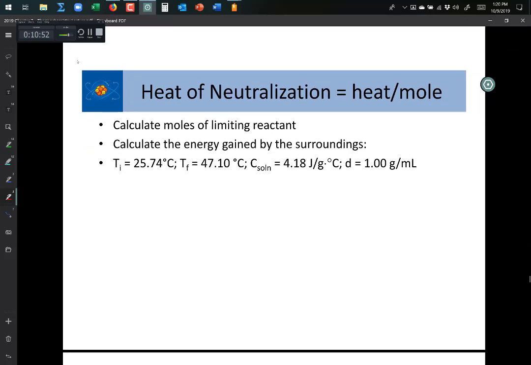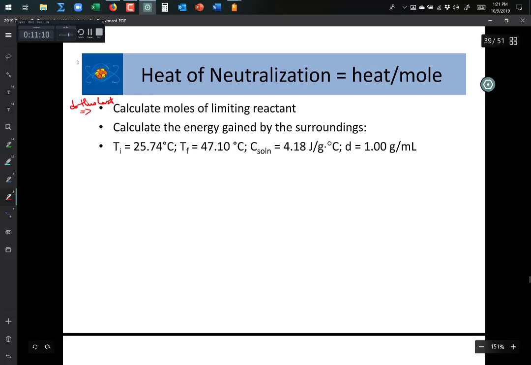So I'm going to do this part last because I want to stick with the calculating of the heat. So I know that delta T for both solutions is going to be 47.10 degrees Celsius minus 25.74 degrees Celsius.